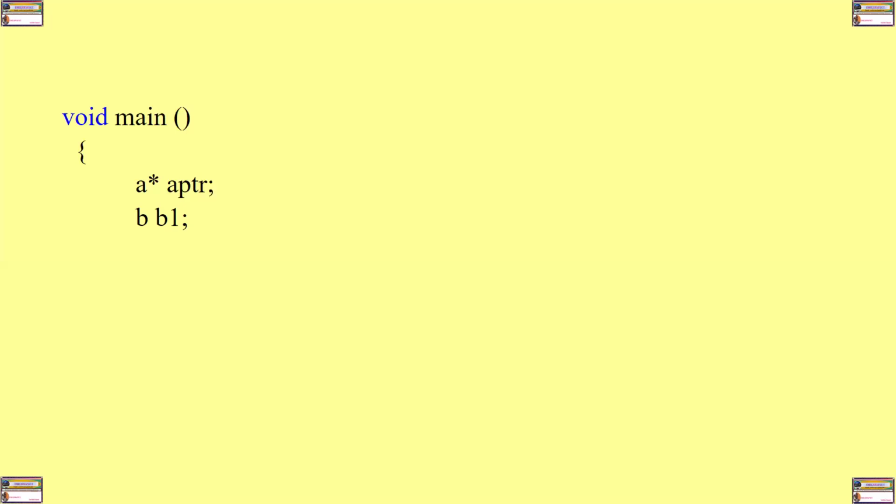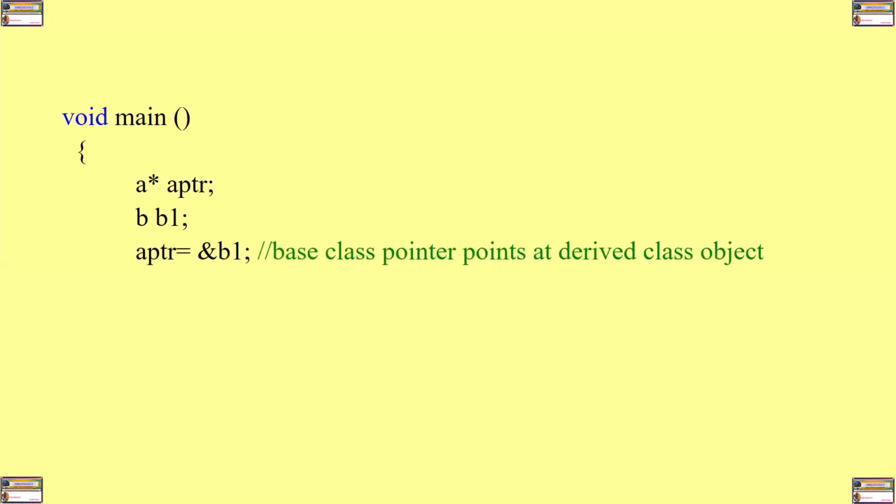This instance is for class B. This statement here is simply a base class pointer that is pointing at a derived class object.